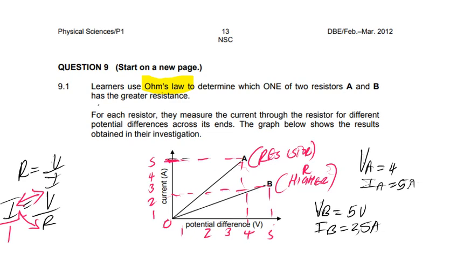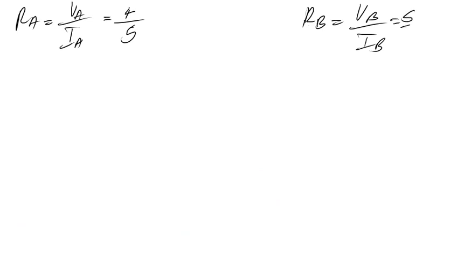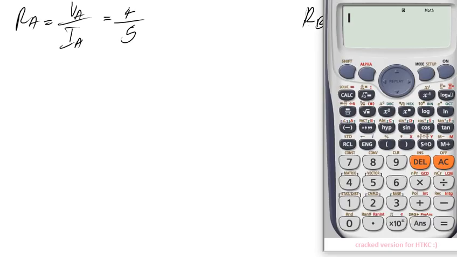If you go to your calculator, 4 divided by 5 gives 0.8 ohms.